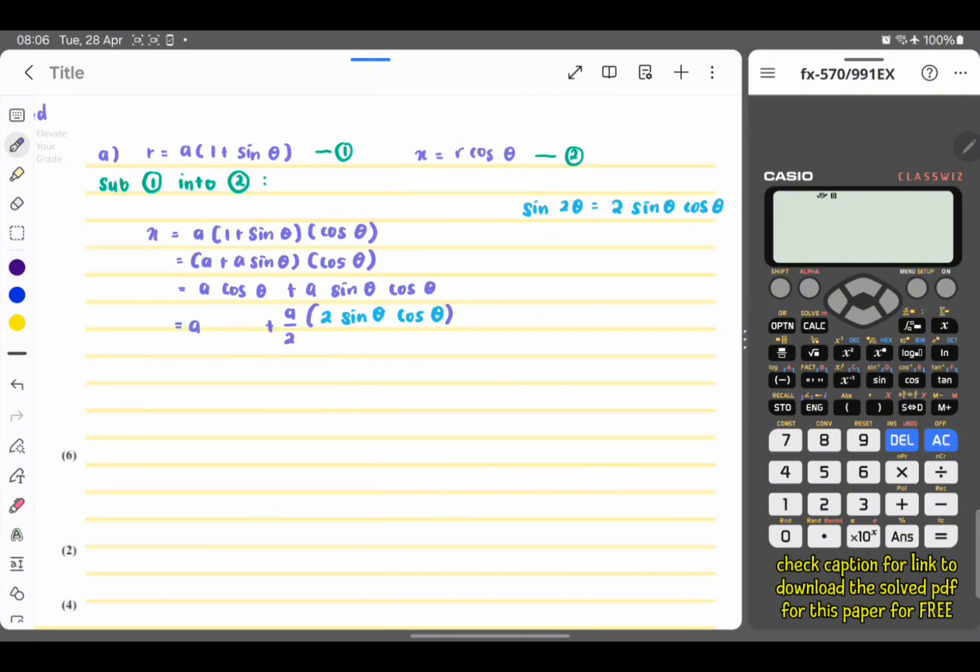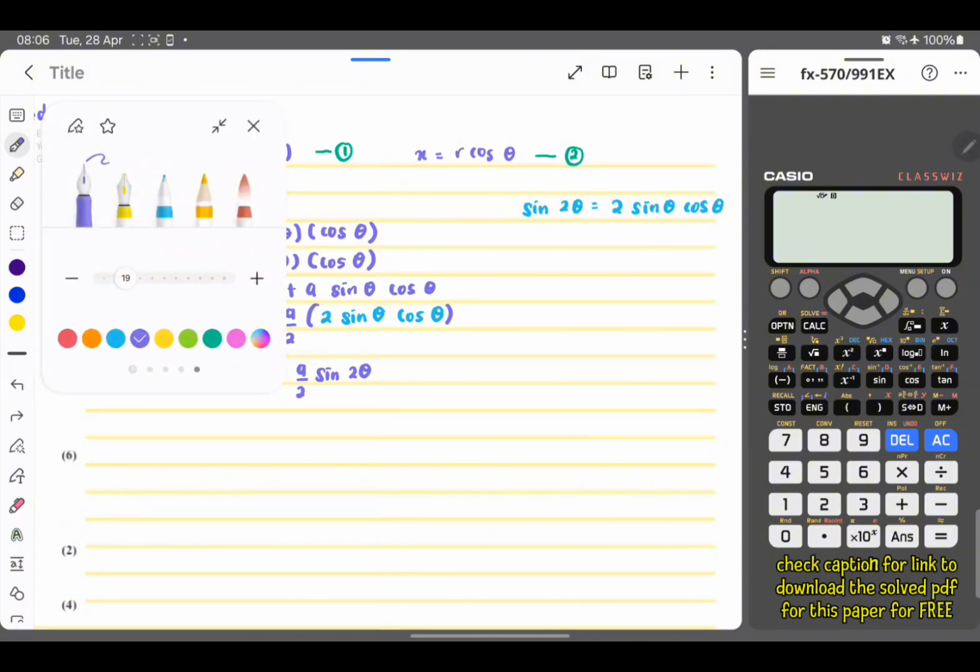Let's copy a cos θ back over here. Now let's substitute with the identity. We get a cos θ + (a/2) sin 2θ. That is our x.